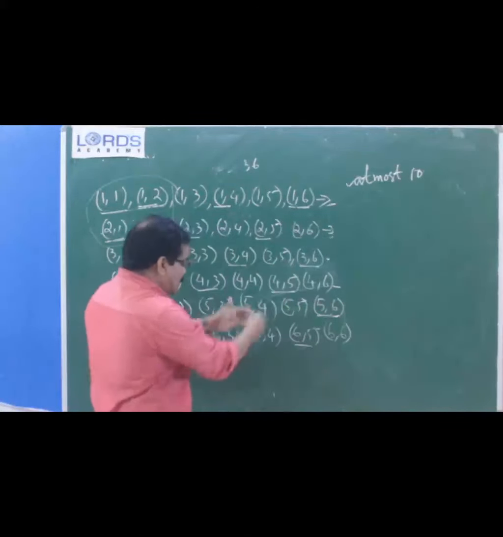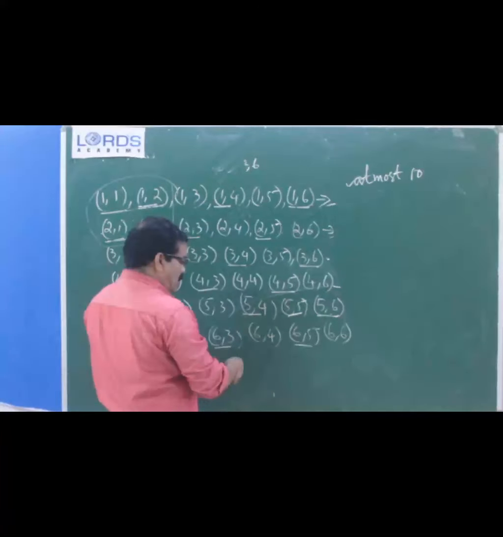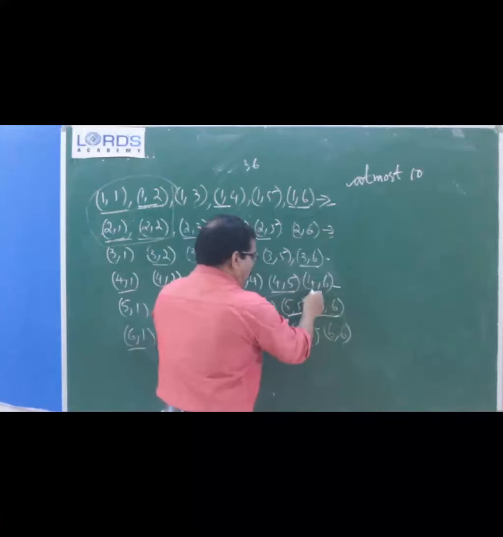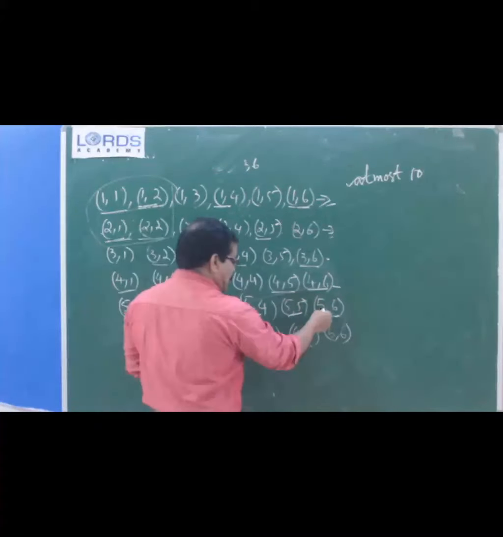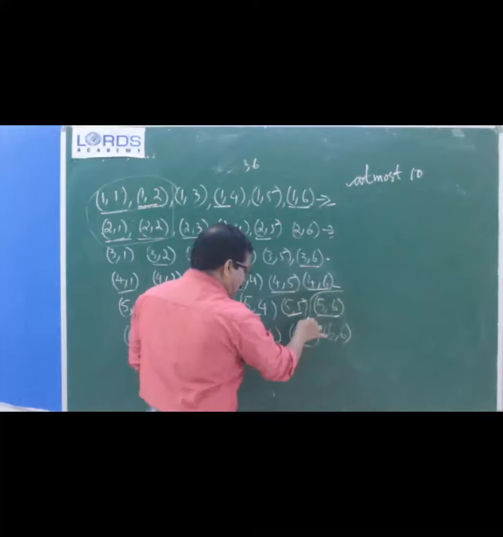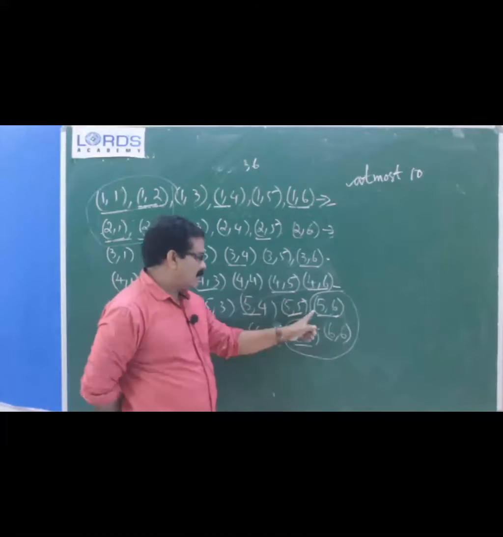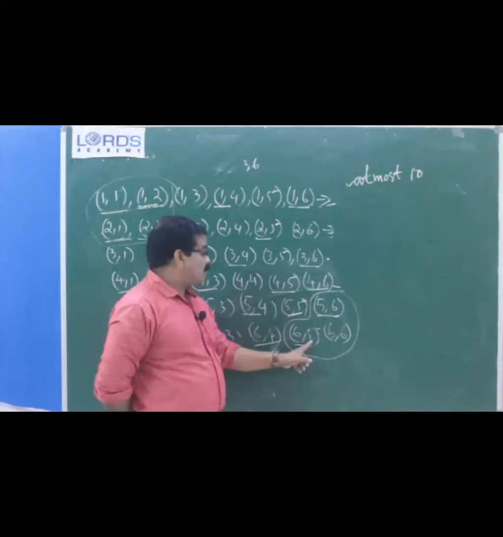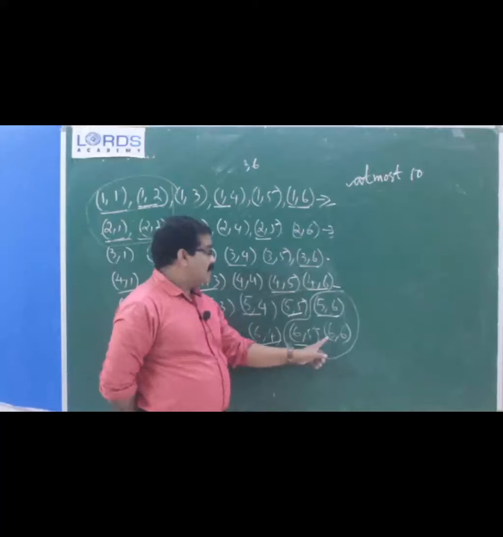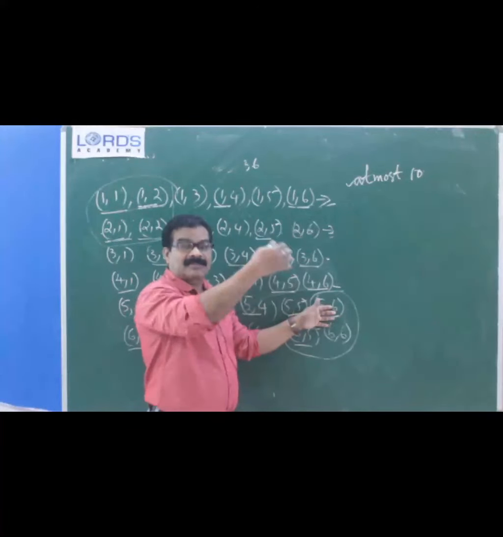So, here you can see 5 plus 5, you can take this, 4 plus 6 you can take, 6 plus 4 you can take, but in the case of these 3, can you consider this one? 5 plus 6 is equal to 11, 6 plus 5 is equal to 11, 6 plus 6 is equal to 12, that exceeds 10.